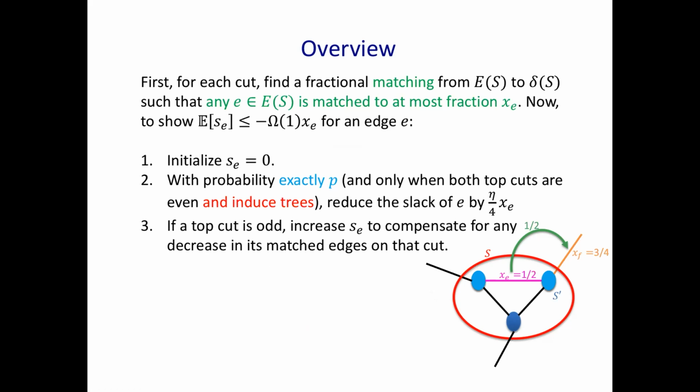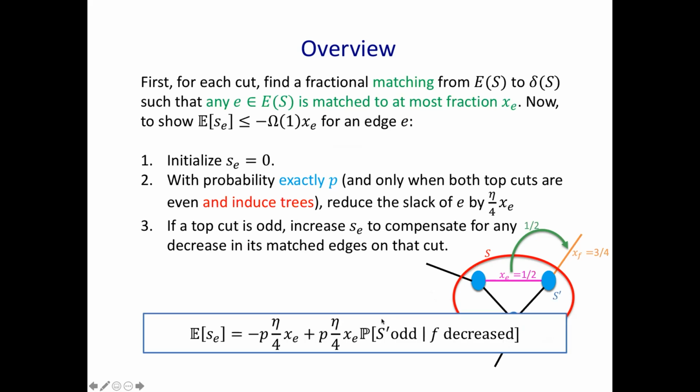And now we can compute the expectation of SE. And suppose it's only matched to one edge, F for simplicity, as in this case. Then the expectation is this reduction event, negative P times eta over 4 times XE, plus the expected increase, which is P times eta over 4 times XE times the probability that S prime, the cut it shares with F, is odd given that F is decreased.